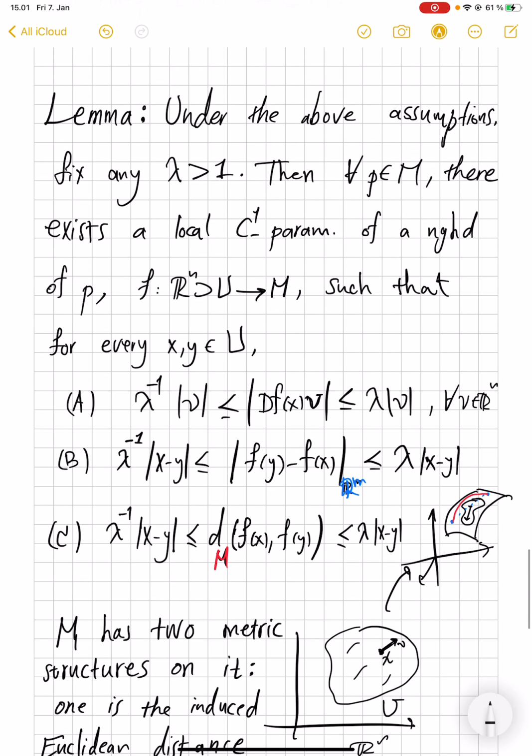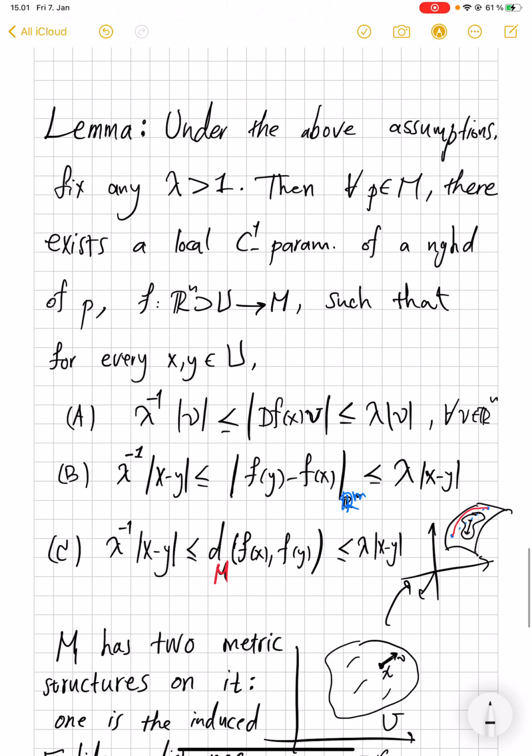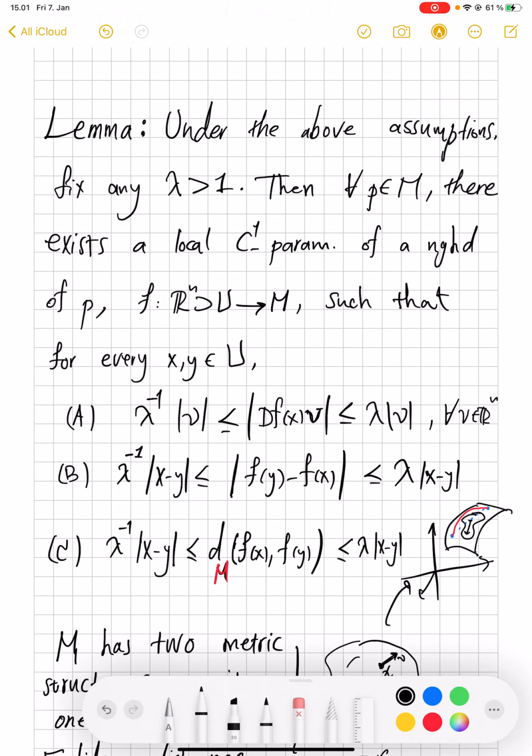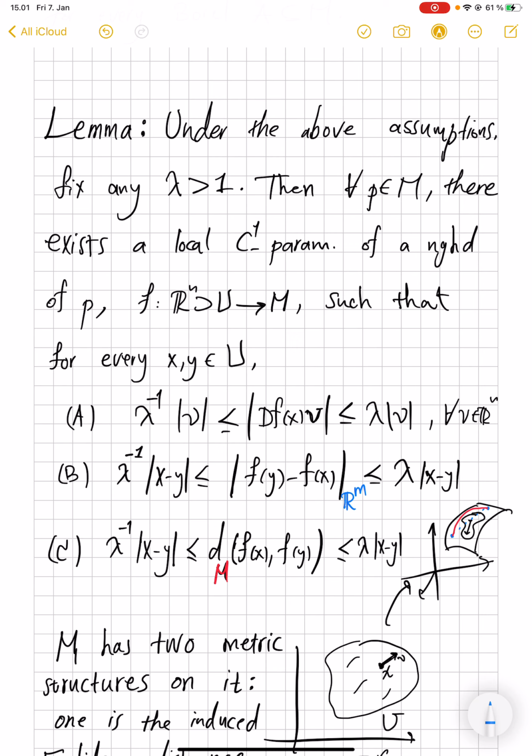But all these technicalities aside, the key lemma is, as you see on the screen, that with either of these metrics, a neighborhood of any point can be parameterized by a function f that is close to being an isometry, parts B and C. And part A is probably a consequence of B, and that is saying that the derivative is just near to being an isometry.